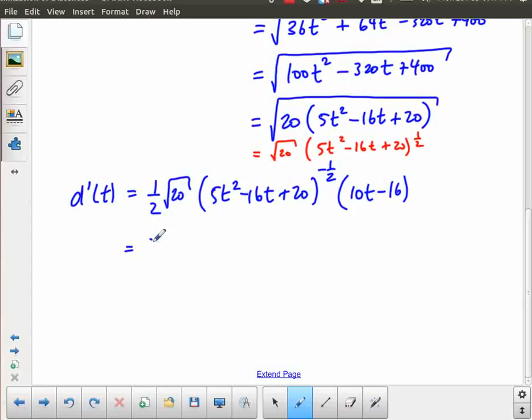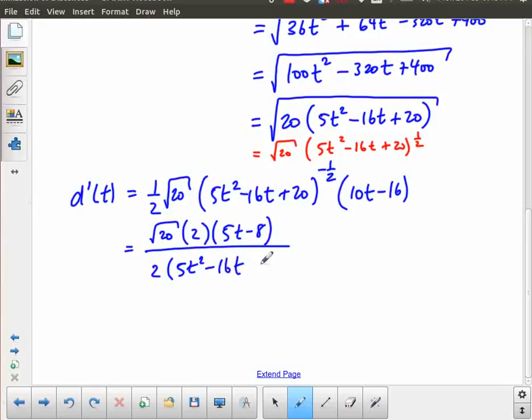In the numerator we have square root of 20, and I have 10t minus 16, which actually has a 2 that can factor out of that, leaving me 5t minus 8 over 2 times 5t squared minus 16t plus 20. And that's to the 1/2, and it's the positive 1/2 because we've moved it to the denominator.